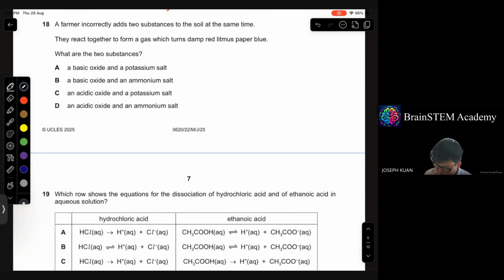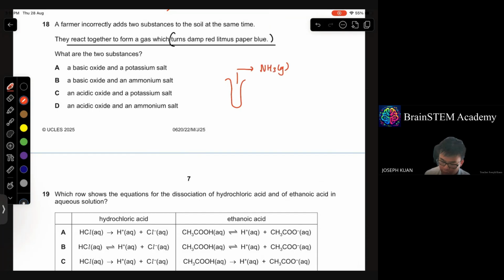Next, a farmer incorrectly added 2 substances to the soil at the same time. They react together and form a gas which turns damp red litmus paper blue. What are the 2 substances? Now, in the IGCSE syllabus, there's only one alkaline gas, that being ammonia, which can turn red litmus paper blue.